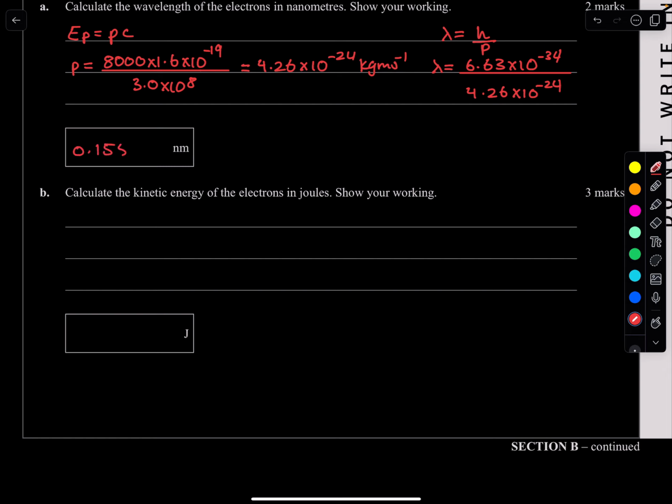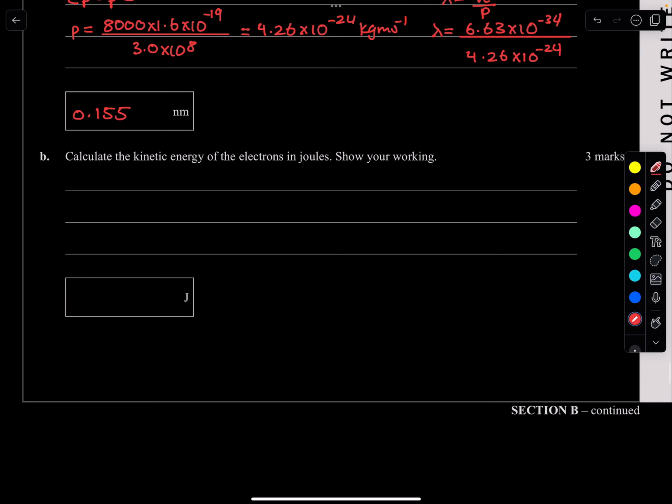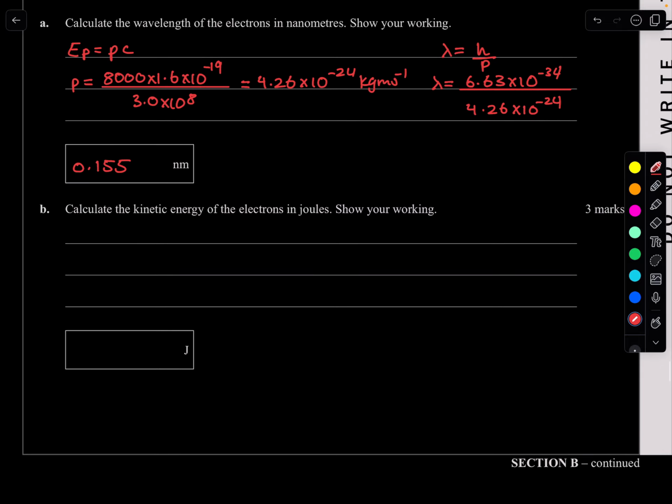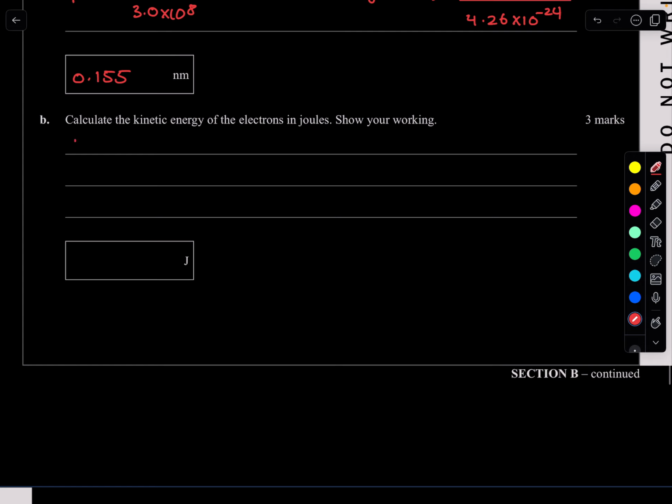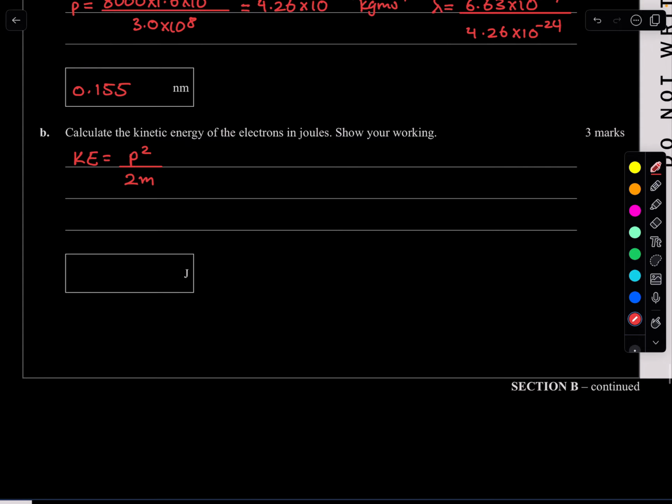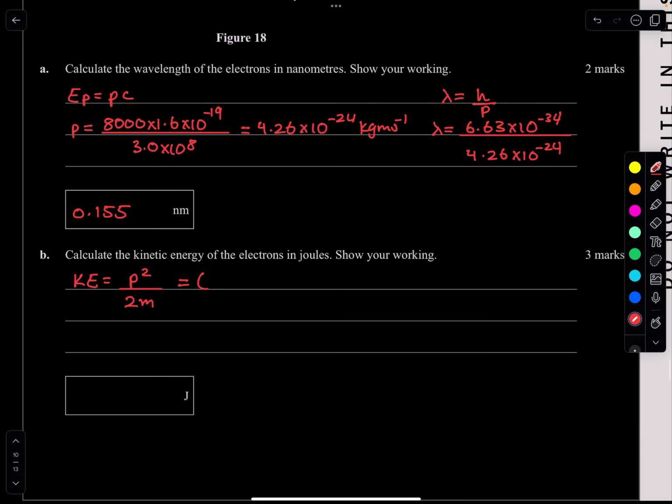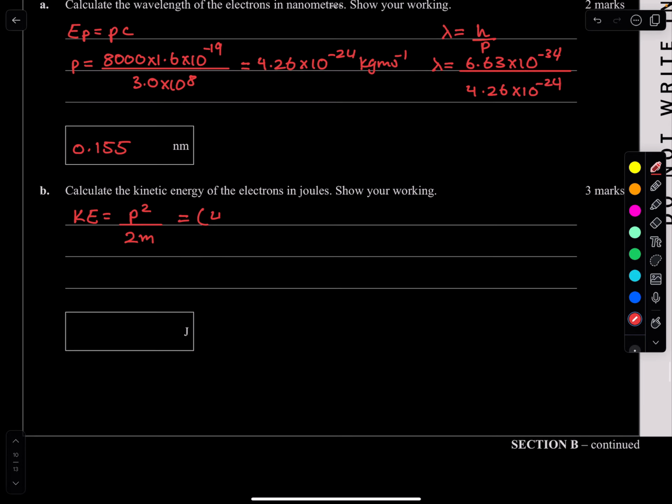I get 0.155. Easy. Calculate the kinetic energy of the electrons in joules. Show working out. We want the kinetic energy of the electrons. We can write kinetic energy as momentum squared over 2 times the mass of the electron. The momentum was 4.26 times 10 to the power of negative 24, and I want to make sure I square it, divided by 2 times the mass of an electron.